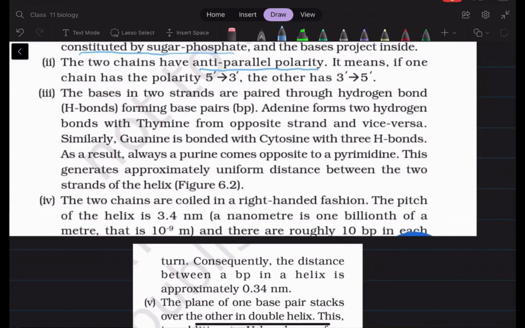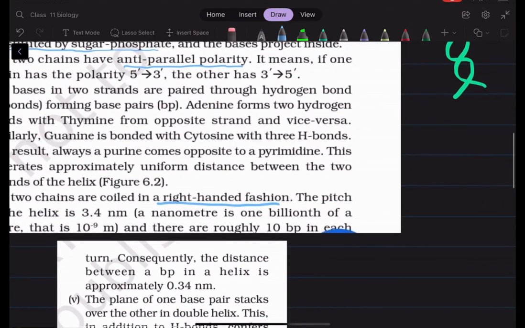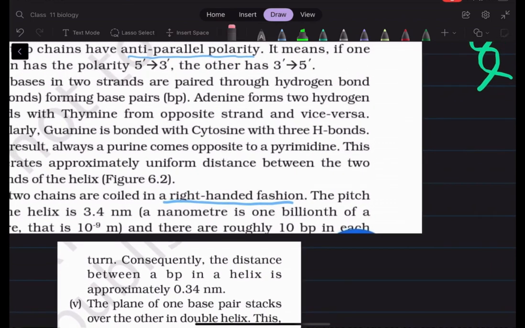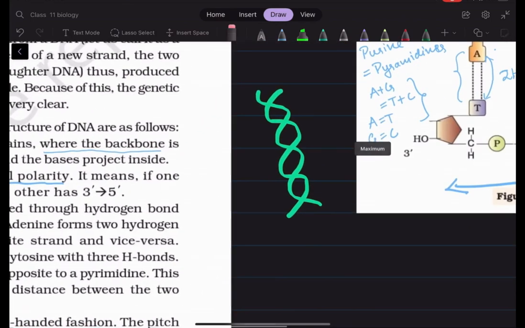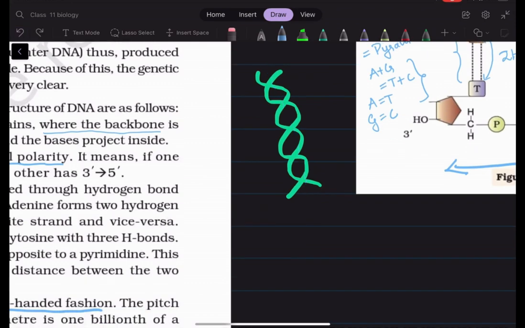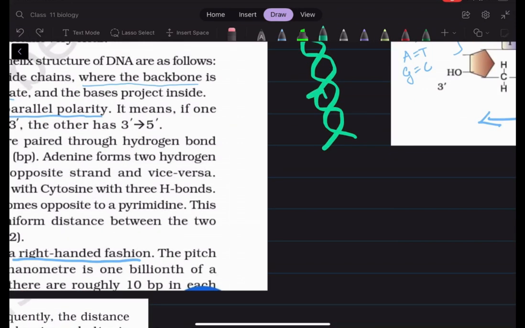Coming to the next point, the two chains are always right-handed in fashion. What does right-handed in fashion mean? Suppose you are holding your hand in the form of a thumbs up, using your right hand. The axis of the helix points in the direction of the thumb, and the direction in which the other fingers fold gives you the direction of coiling of DNA.